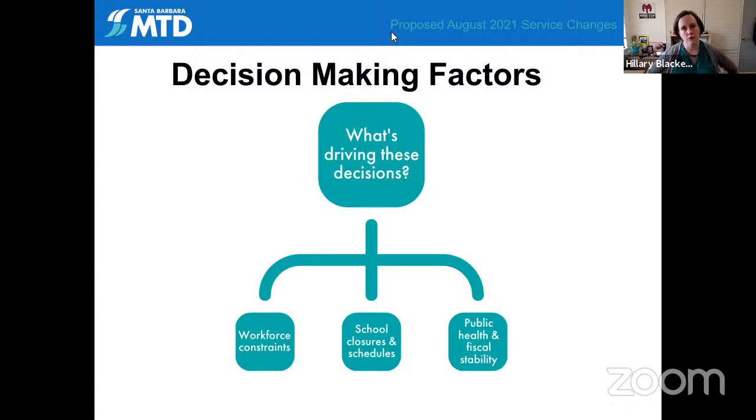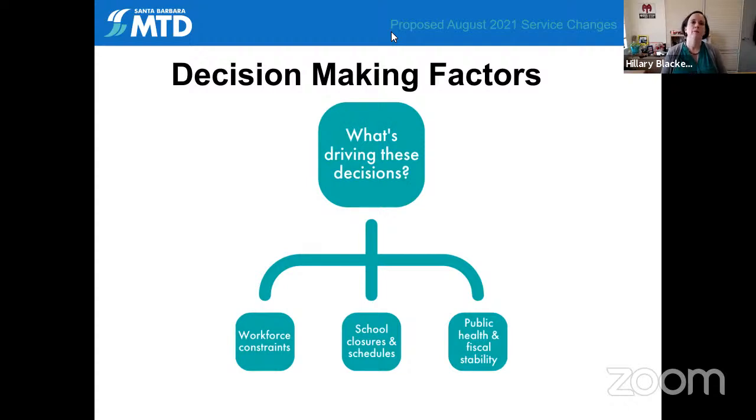School closures and schedules, that has really ruled our world the past year. We've got the junior highs and high schools, community college, and the university all going through all the ups and downs that we all did this past year of, are they coming back to campus? Are they not? At what percentage? And so that's still a question for August.